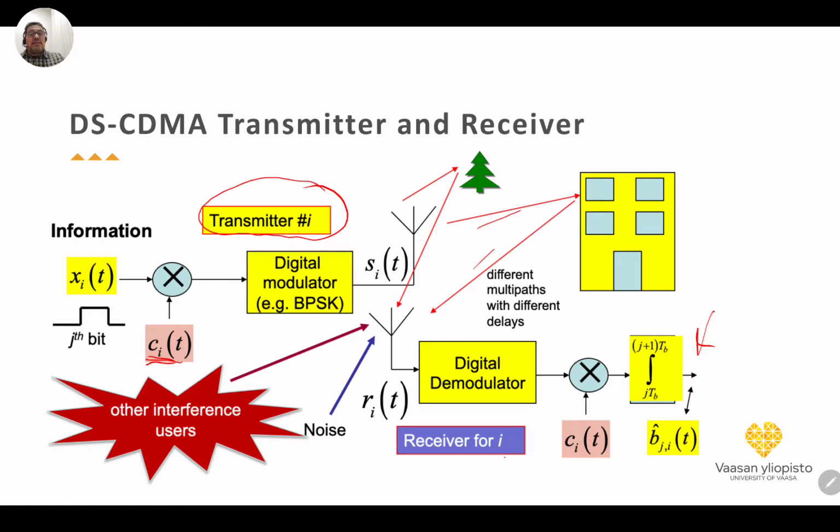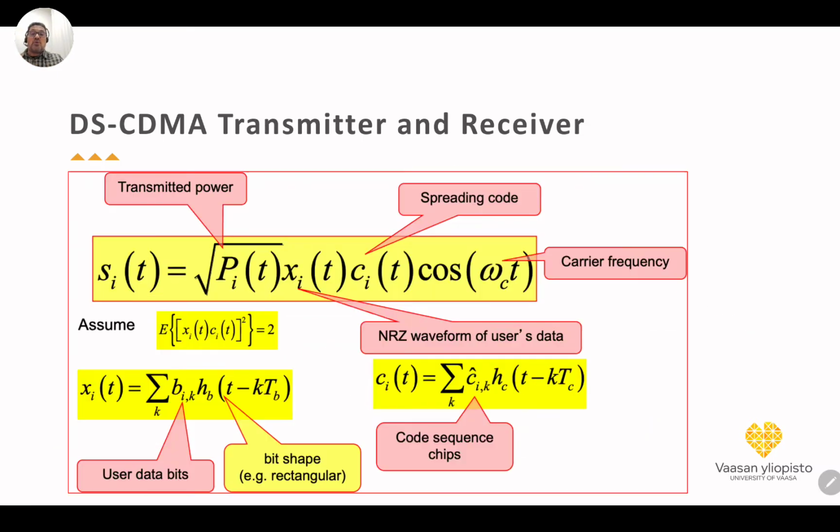Now we pick up the signal of receiver i, and let us see mathematically how it will be. So this is the received signal Ri. If we go to the mathematical formulation, this is the transmitted signal. Si of t, the transmitted signal from transmitter i, equals the square root of Pi of t.